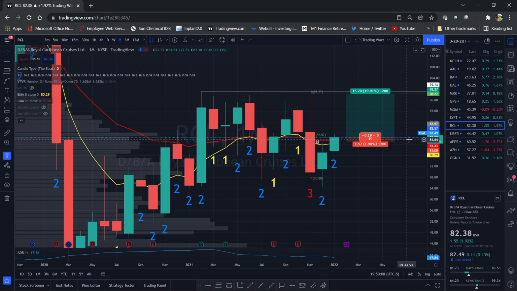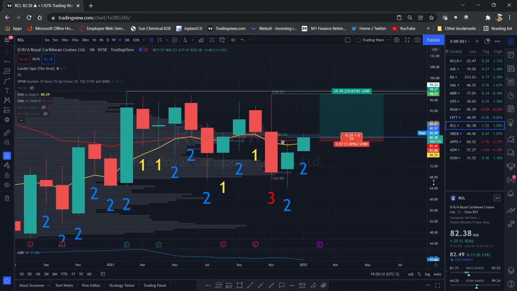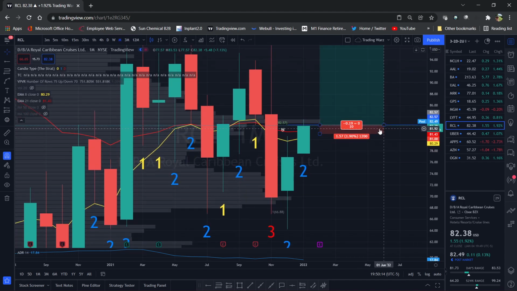If it drops below that 21, I'll definitely watch it much closer. With such a big reward on this one, I might even let it get down to the 21 if it were to pull back that far before I stop it out.